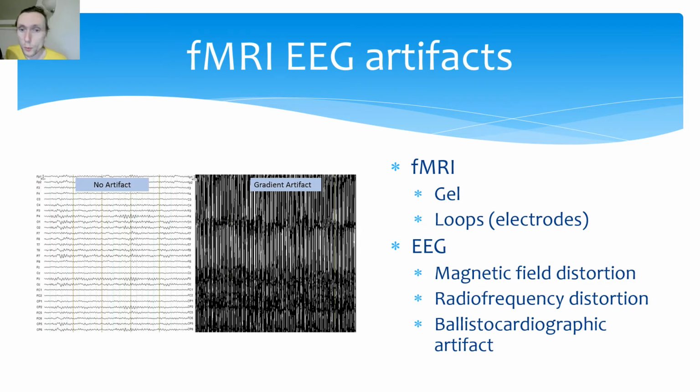You will get rid of the artifact, but you will always eliminate some real signal, some actual brain signal. So your signal to noise ratio will be a lot worse than if you would not combine those methods. So always keep in mind that an EEG signal, or an fMRI signal in that case, in a combined method is always suboptimal, which is something you need to take into account when looking at those signals.